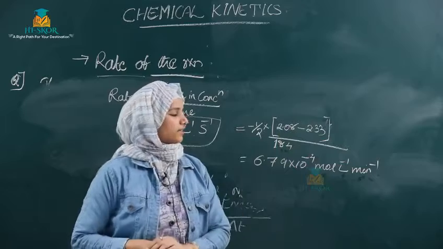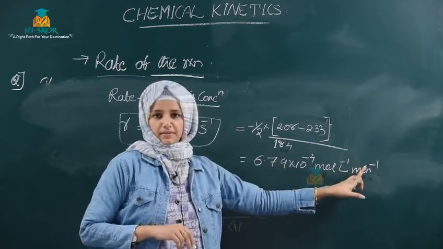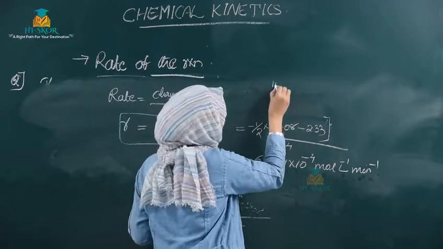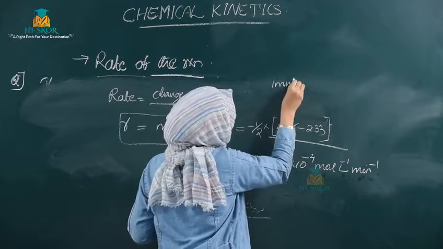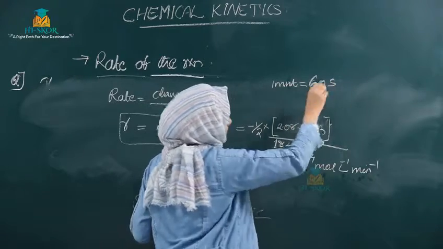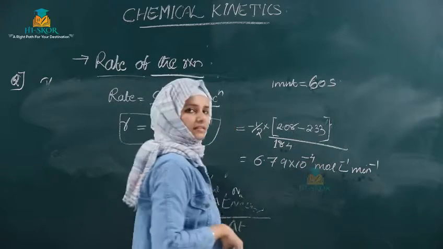Suppose they are asking the question, you have to answer in moles per liter per second, what do you have to do? You know, 1 minute is equal to 60 seconds. Then you have to multiply this with 60.